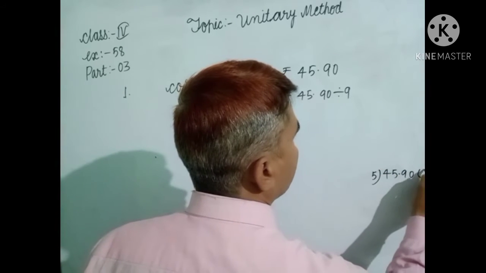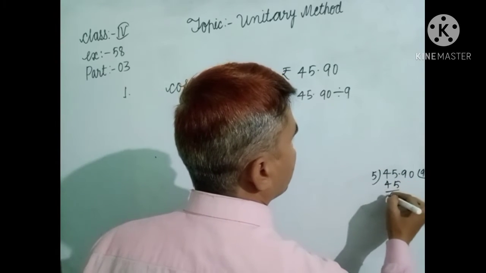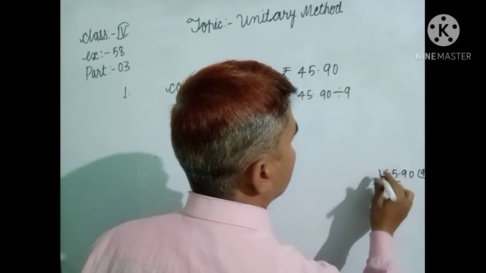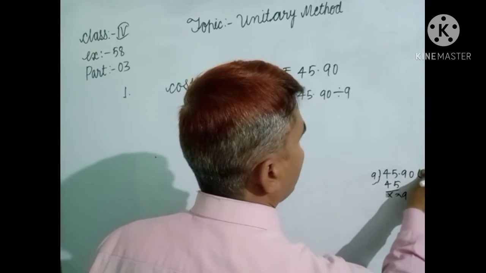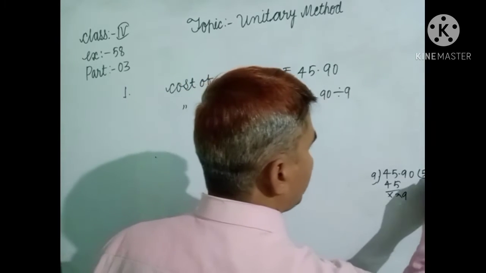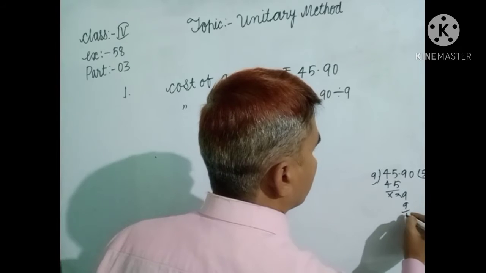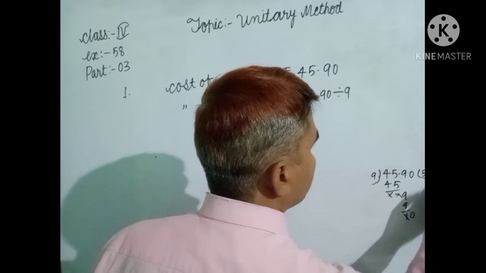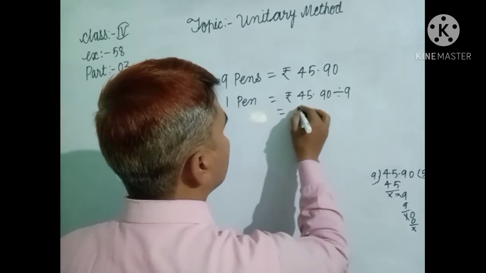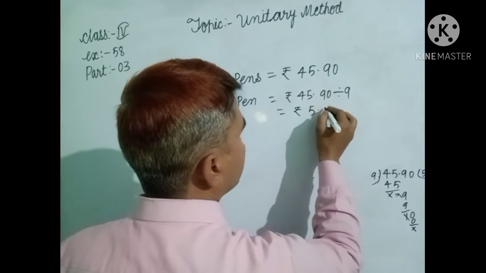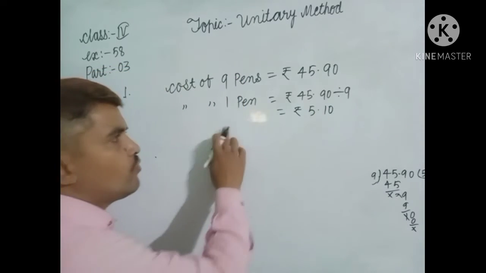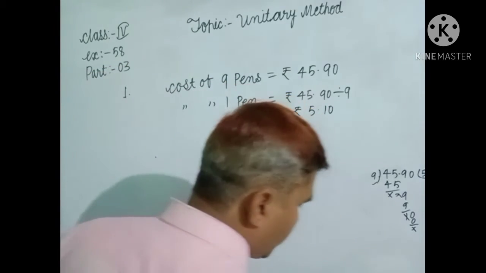Here 5 nines are 45. Here put the decimal. Next number, 9 fives are 45, and 9 ones are 9. Cross here, 0. So here rupees 5.10 is the cost of 1 pen. The cost of 1 pen is equal to 5 rupees 10 paise.